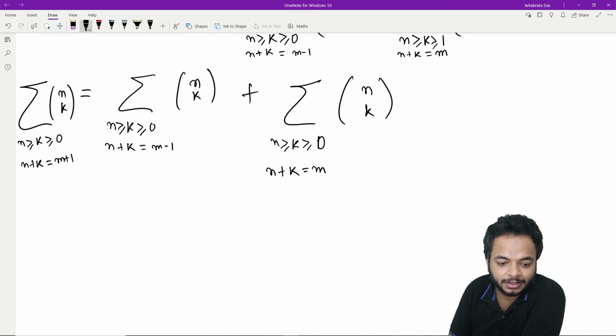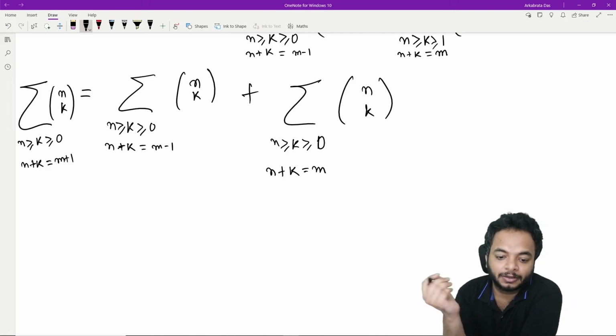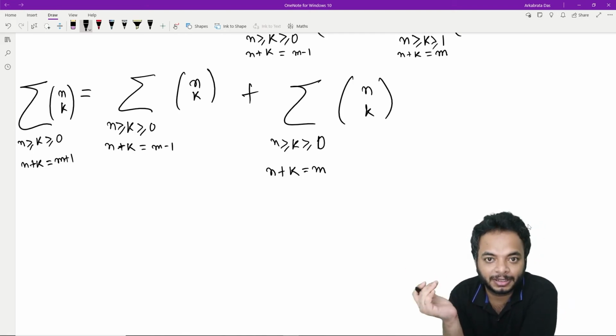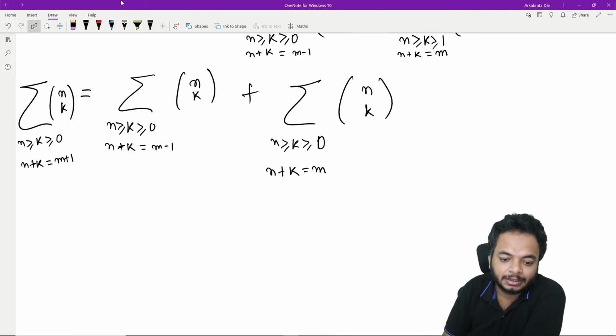That is, if I am summing for n plus k equals m plus 1, then whatever that sum is equal to the sum, if I am summing n choose k for n plus k equals m minus 1, plus I am summing n choose k for n plus k equals m.